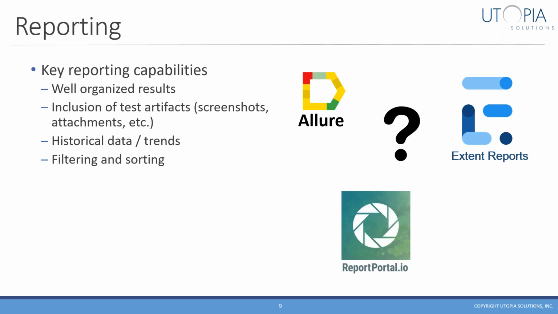So let's talk about Extent Report. This is particularly made in Java, and it is best suited for a Java framework, right? And there are other reports as well, such as Allure and ReportPortal.io, and they have their own clients written in different languages. So you can use Allure and ReportPortal.io for other programming languages as well.